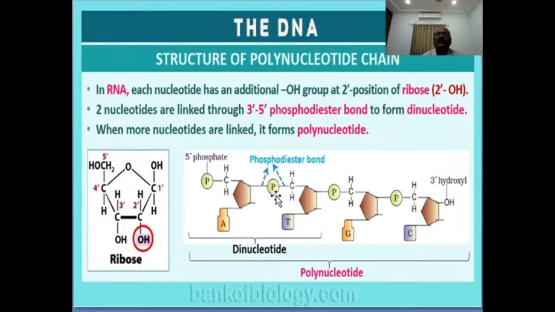These two nucleotides are connected with this phosphodiester bond. So, if more nucleotides are there, that is called a polynucleotide. So, this is 5', this is 3'. 5' is the starting point, 3' is the ending point of each chain of DNA or RNA.